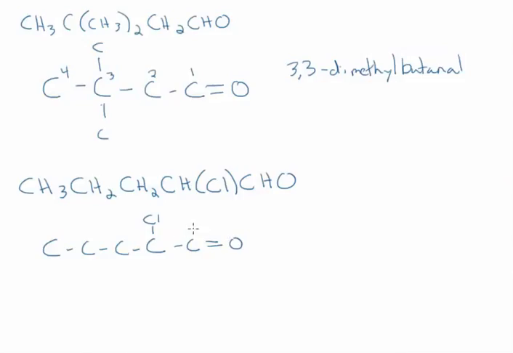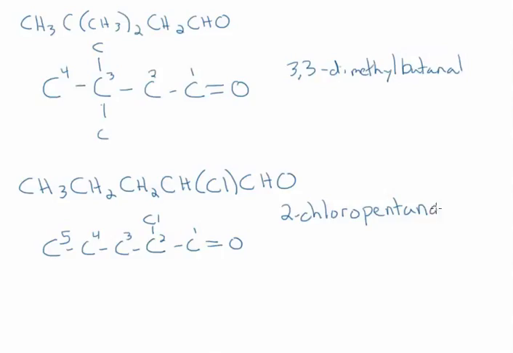So it's pentane. The chlorine is on the 2nd one, so using our halohydrocarbon rules, we would say 2-chloro, and then using the name of our hydrocarbon chain, pentane, and then we would drop that final E and add al to tell us there's an aldehyde.